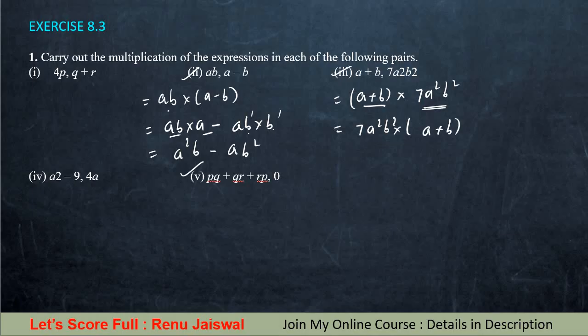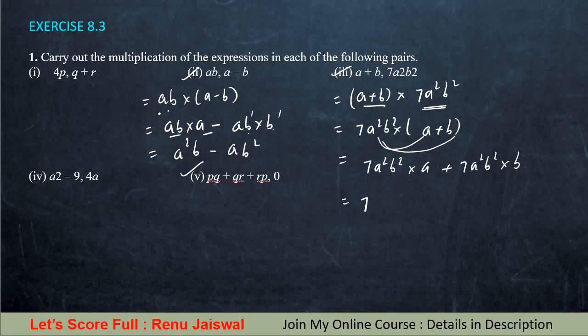A plus B. Why am I writing like this? This makes your calculation a little easier while doing distribution. So distribute it to both the terms. 7a square b square into a. Same way here, 7a square b square into b. So there is no other coefficient.